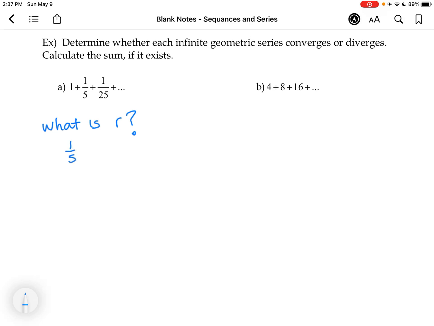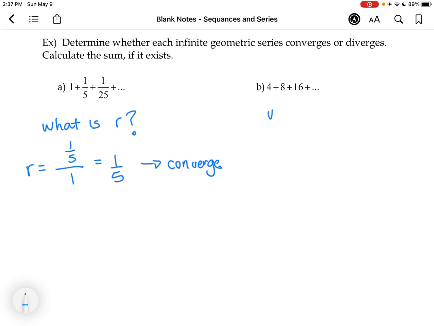So let's say I go 1/5 divided by 1. Well, 1/5 divided by 1 is 1/5. Anything divided by 1 is just itself. Okay, so r equals 1/5. That means that this is going to converge because r is between -1 and 1.